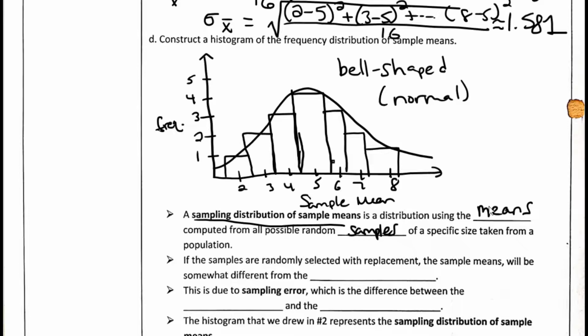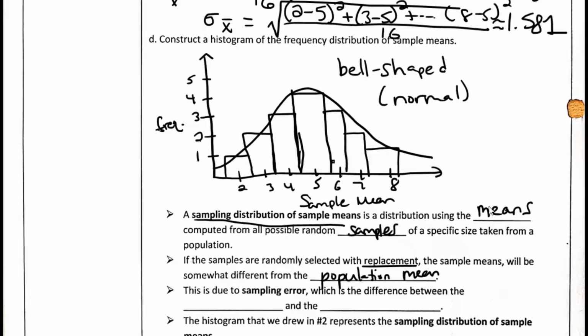If the samples are randomly selected with replacement, then the sample means will be somewhat different from the population mean. However, on average, they'll be equal to the population mean. So if you were to average the sample means, you would get the population mean.